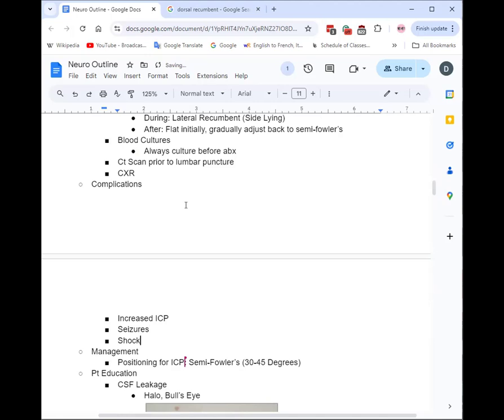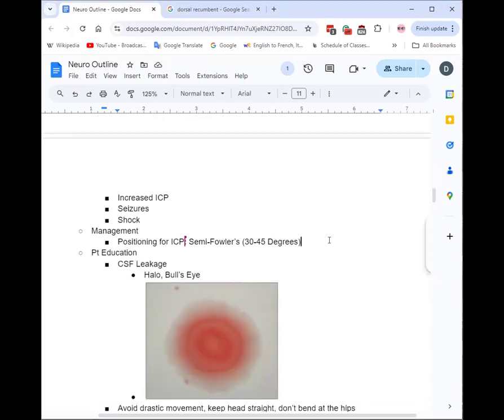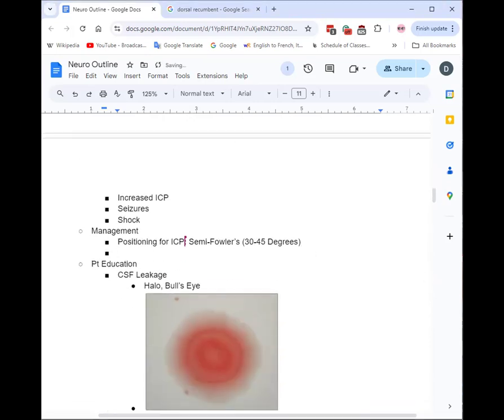You can include maybe shock, a lot of pressure there can cause things to start popping from all that intracranial pressure. What other management can you think about? Other than positioning, what else do you want to do with someone with meningitis, an infection, increased ICP?